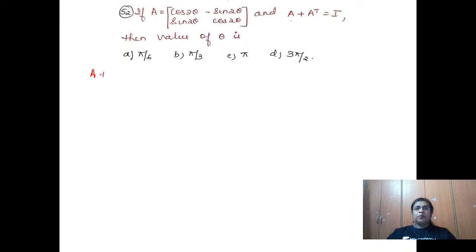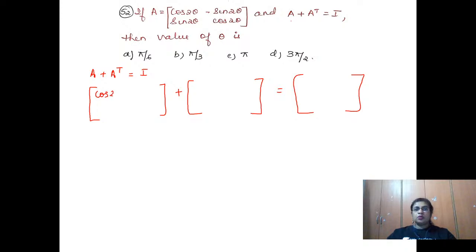A plus A transpose is equal to I, the identity matrix. So let me write the A matrix: cos 2 theta, minus sin 2 theta, sin 2 theta, cos 2 theta.